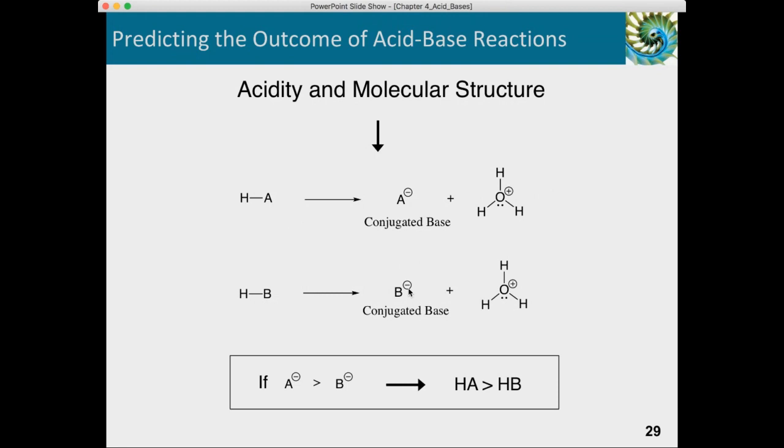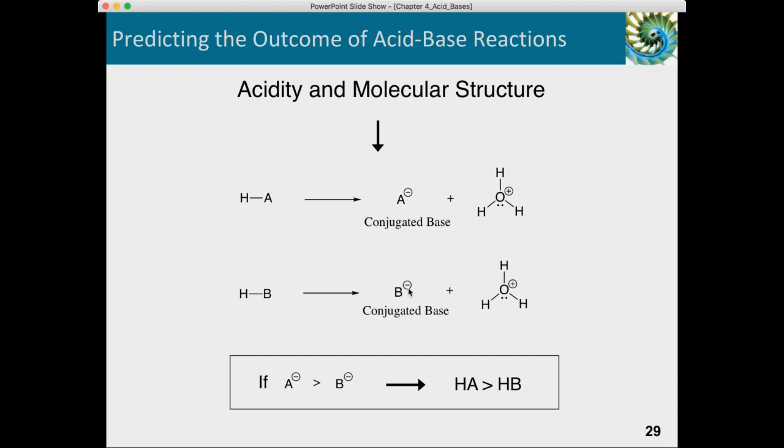How will I know which of these two is more stable? Well, that will depend on the molecular structure of A minus and the molecular structure of B minus, and I will explain that in a few minutes. But for now, I want you to understand that if A minus is more stable than B minus, then HA will be more acidic than HB.